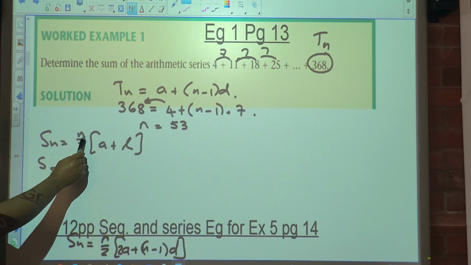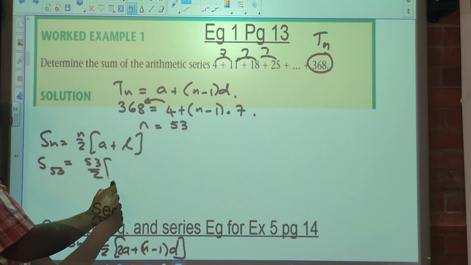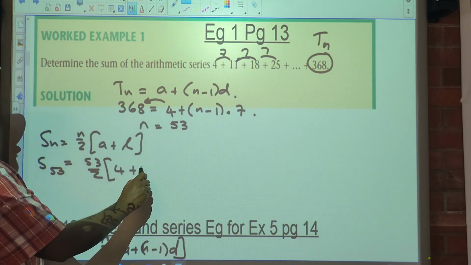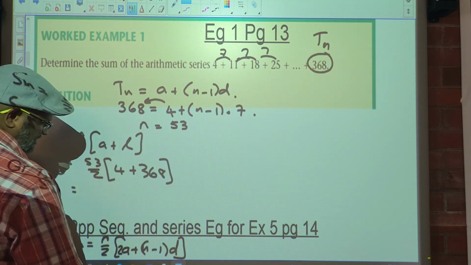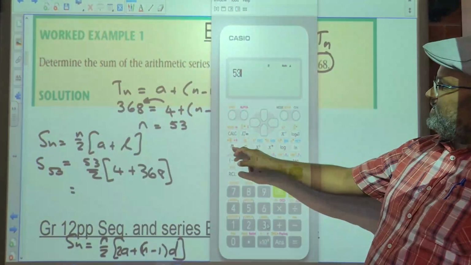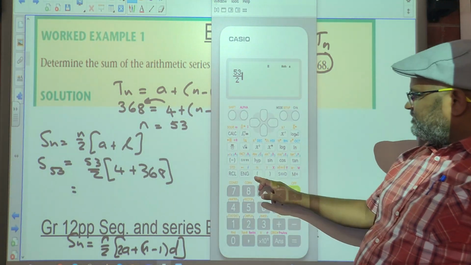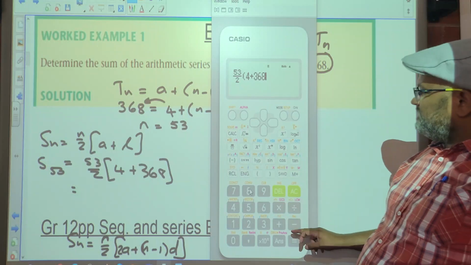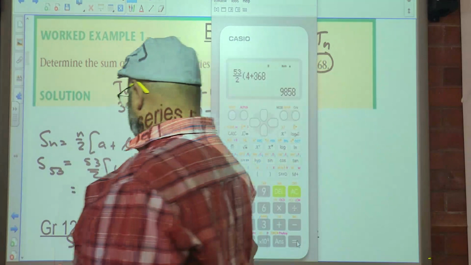So what's the n value? 53. So I say 53 over 2 into 4, which is your a, plus 368. Punch that in the calculator. It's 53 over 2, 4 plus 360. 9,858.